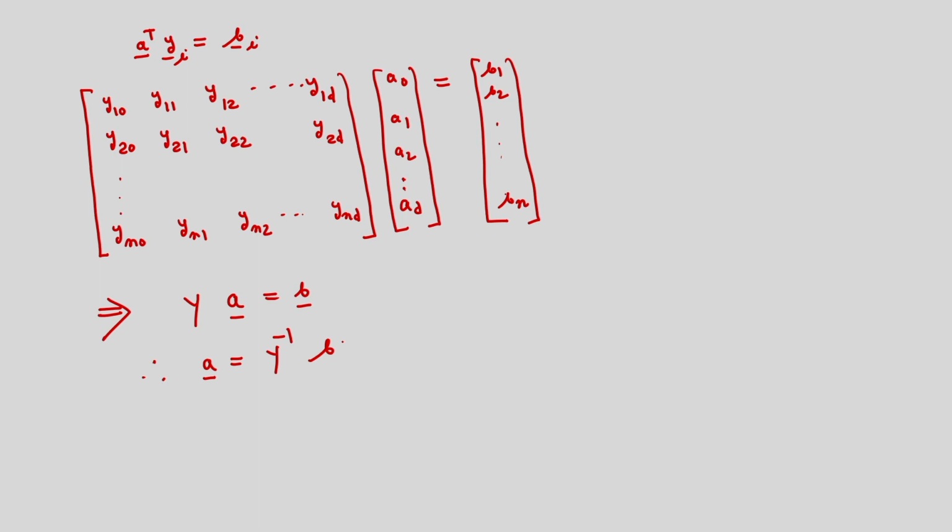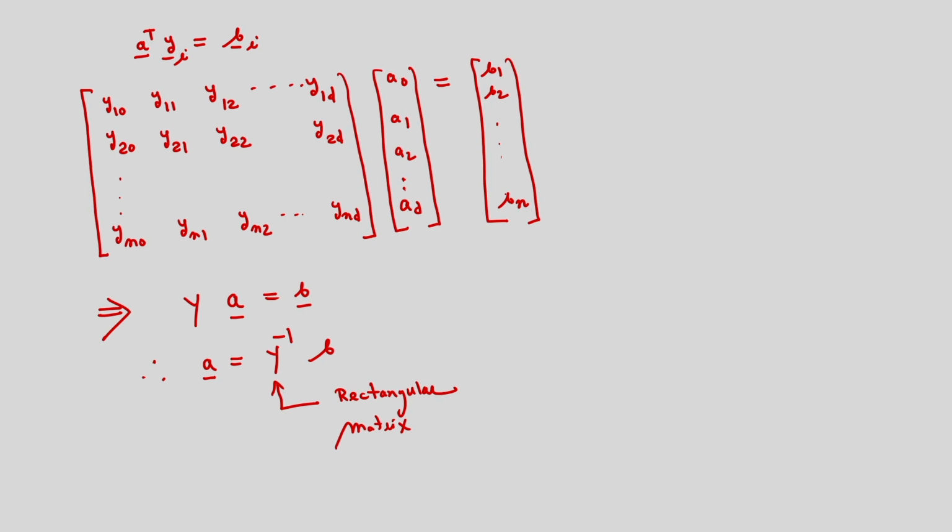This Y is a rectangular matrix. If you see, the number of rows is less than the number of columns, so the inverse we cannot determine. That means I cannot get the exact solution of this.